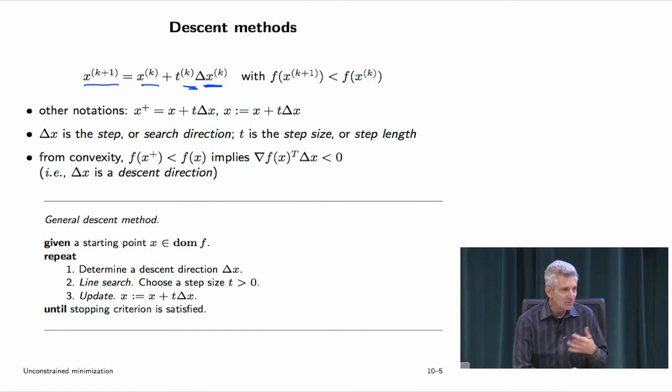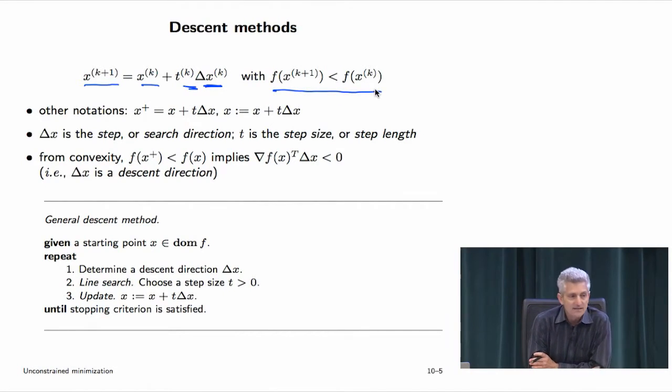People write it other ways, but anyone would understand this. It's a descent method because when you run it, the function value goes down at every step. Now, whenever you have an iterative method, and especially one that actually works, the analysis of it usually hinges on some quantity which is decreasing.